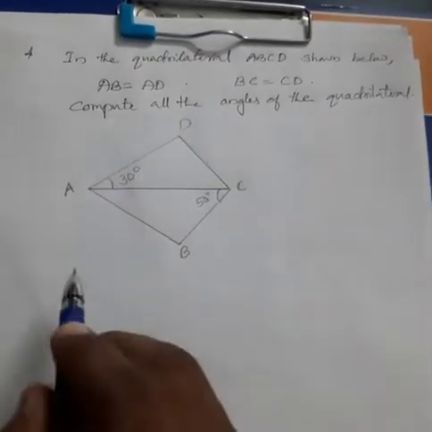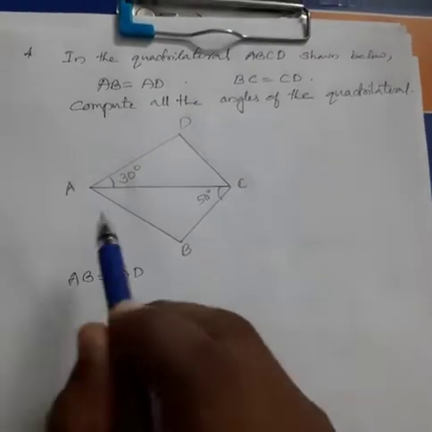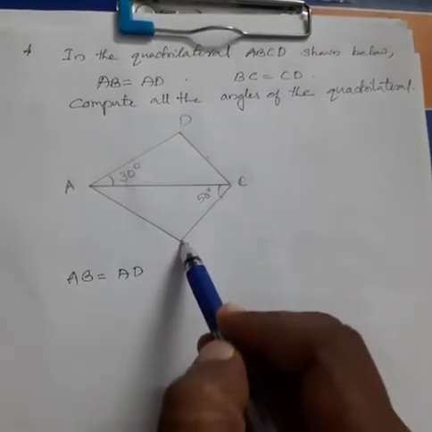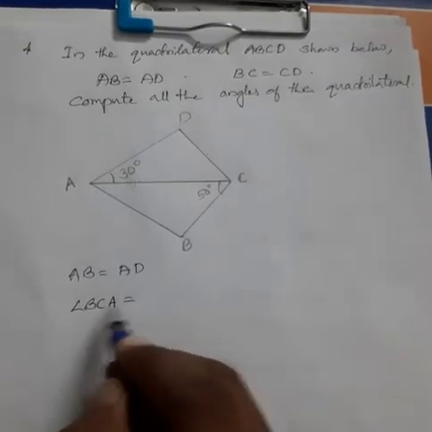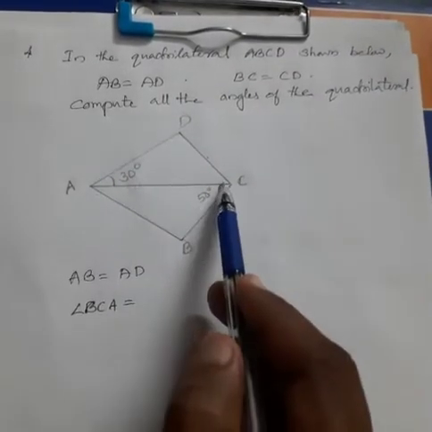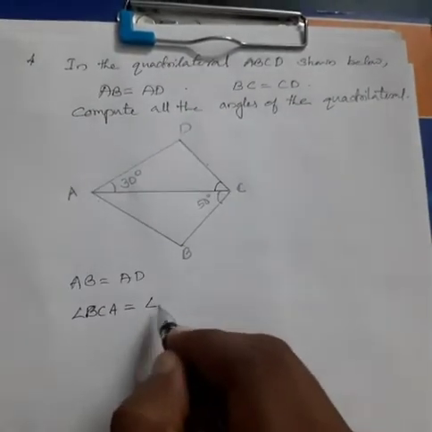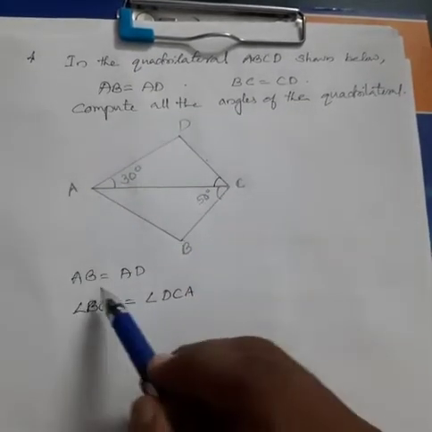Using these sides, first is AB is equal to AD. What is the opposite of AB? It is angle BCA. Angle BCA is equal to the angle opposite of AD, which is angle DCA.